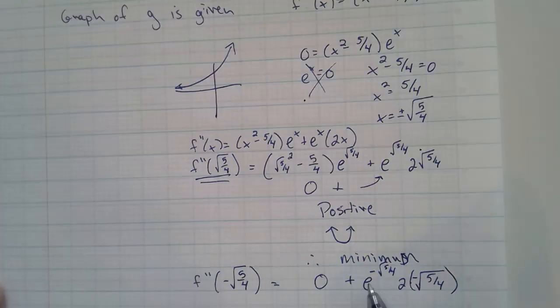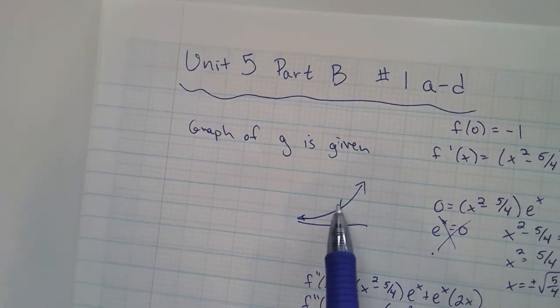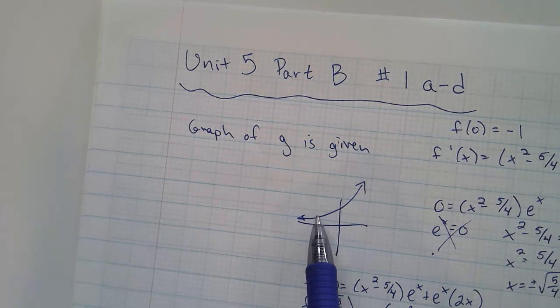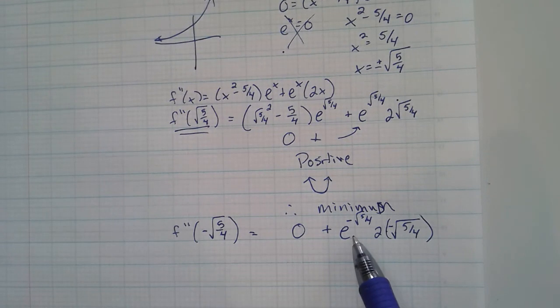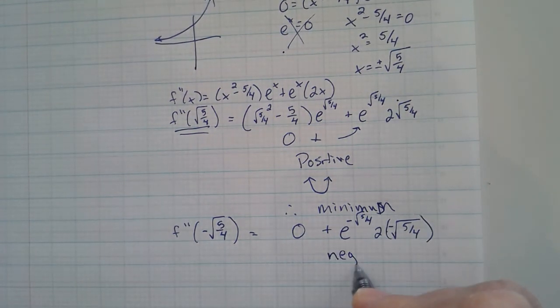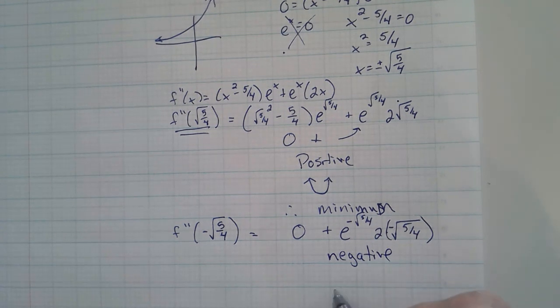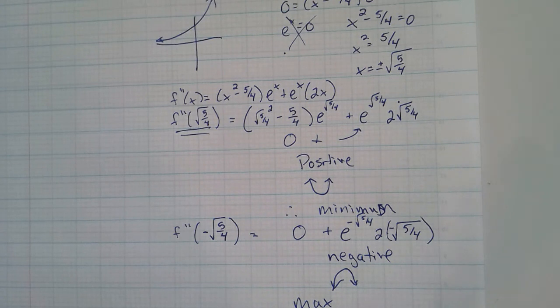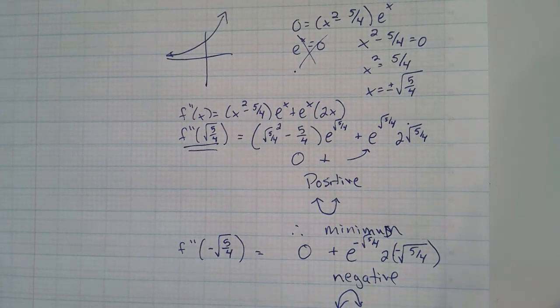Well, e to a negative power is still a positive number. E is always going to be a positive number. So that's a positive times a negative, and we're going to get a negative result. If it's negative, that means it's concave down. Therefore, it is a max, maximus, or maximum. All right, so there's a max.